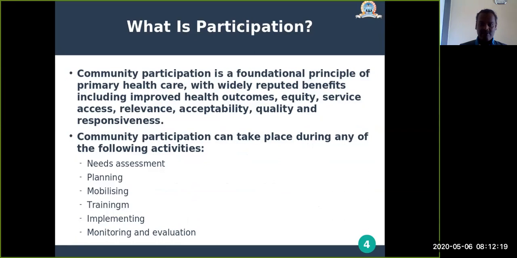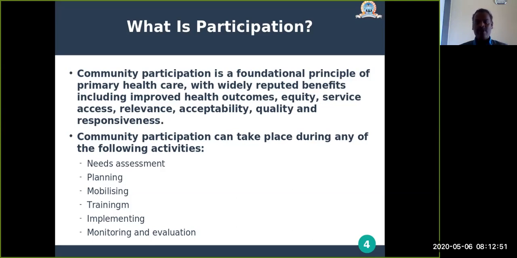With community participation comes widely reputed benefits in the health sector, which include improved health outcomes, equity, service access, relevance, acceptability, quality and responsiveness. So when you are encouraging community participation, it ultimately brings a lot of benefits to improve health.